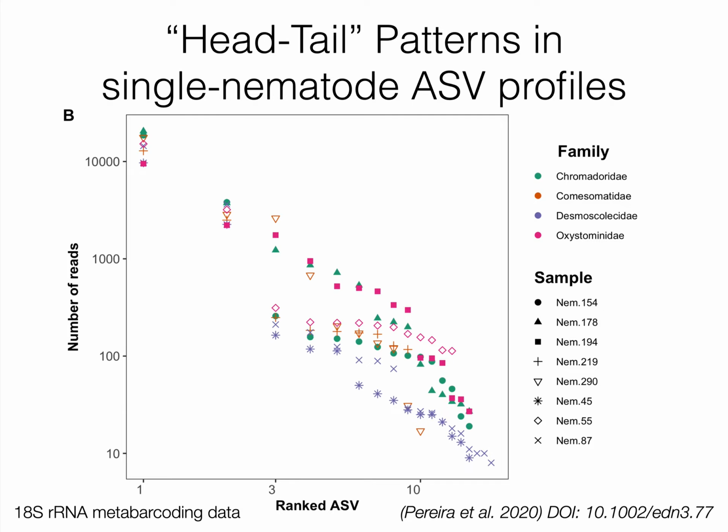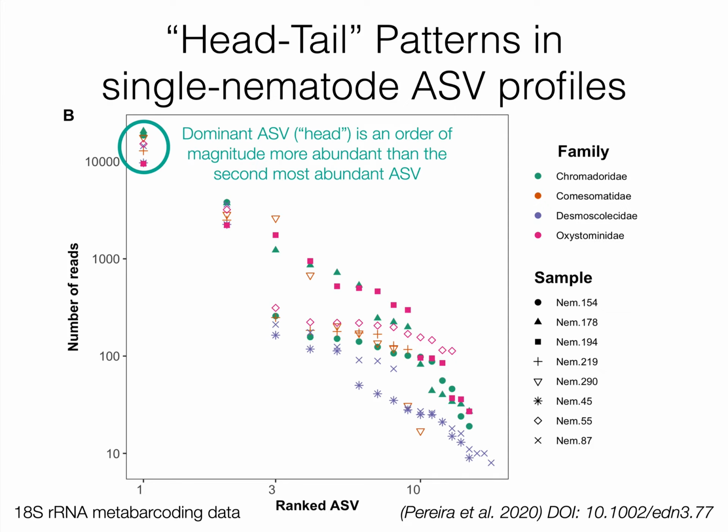We can also visualize this in another way, by associating with single nematode specimens. So these are individual MOTU profiles of individual nematodes, and the samples are labeled with the shapes. What we tend to see, as is typical with any sort of eukaryotic metabarcoding data set, is that the dominant sequence, what we call the head, tends to be an order of magnitude more abundant than the second-most abundant ASV.